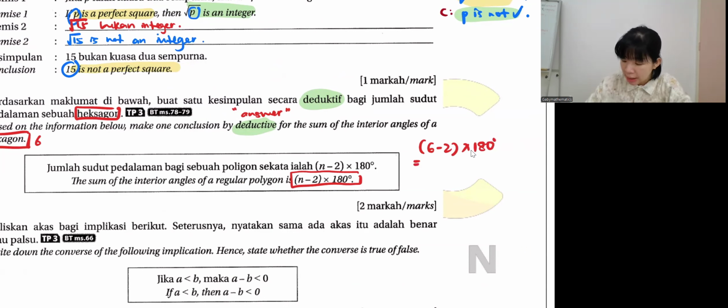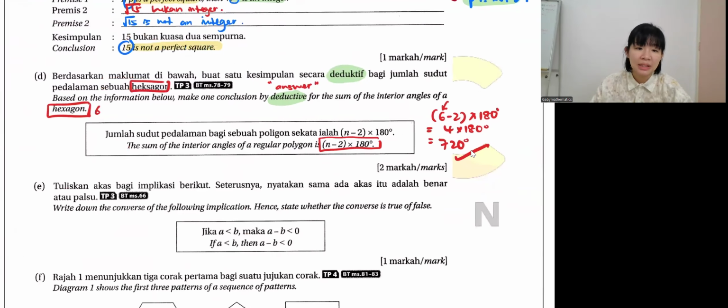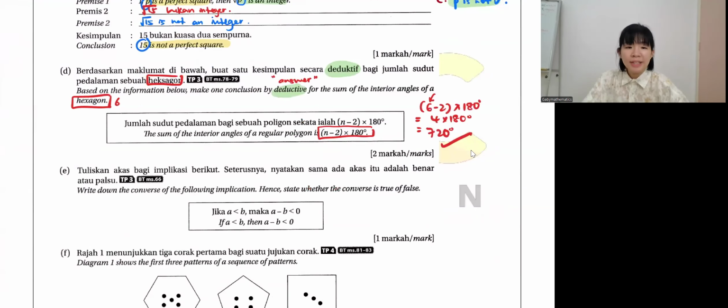So you calculate the answer. 4 times 180. 720. Done. This is called deductive. If you only substitute the 6 into it and then leave it, it's not an answer yet. You have to find until the end. You get 720, then only consider that. Okay, deductive means answer.